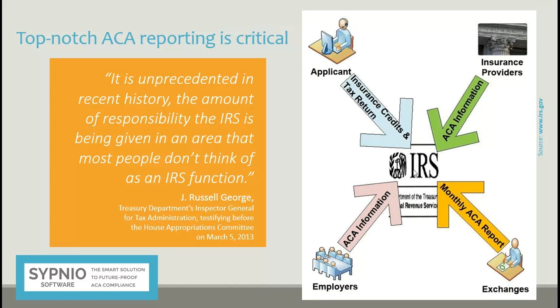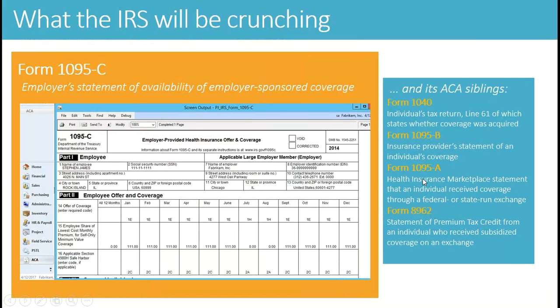What's startling about this is that most people on this call who used to get a W-2 every year will now be getting a 1095-C from the employer, and if you were provided insurance, you're going to get a 1095-B from any insurance provider that covered you in any one month.